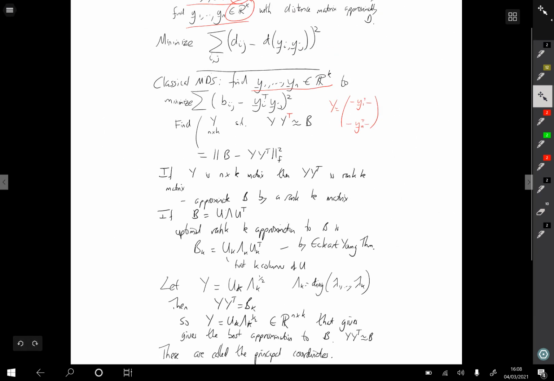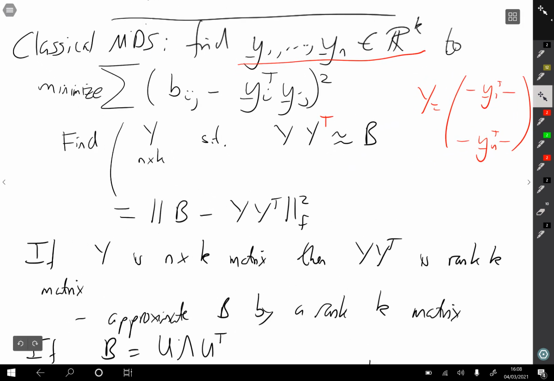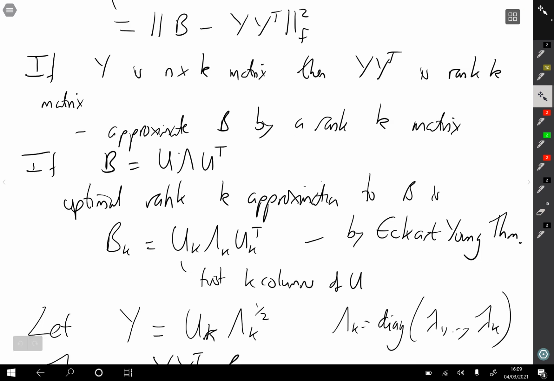So to summarize, for classical multidimensional scaling, the problem that we're trying to solve is to find coordinates, points y in some space Rk, such that their inner product matrix, which is centered because the mean is 0, is approximately B. And the way we do this is via truncating the spectral decomposition.